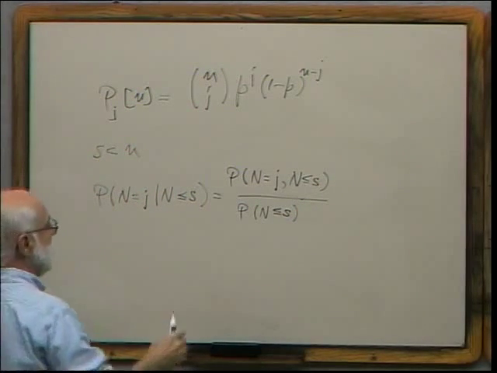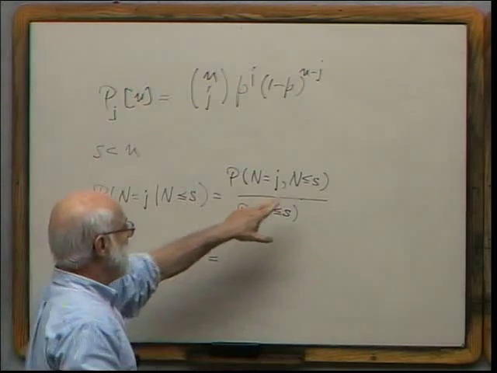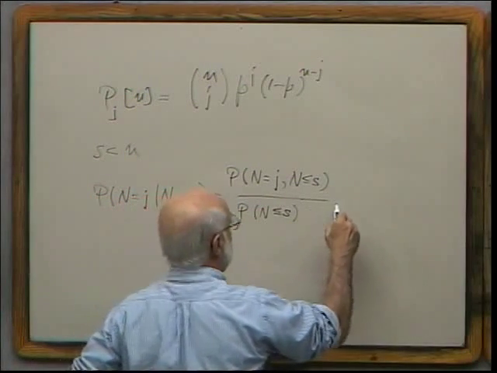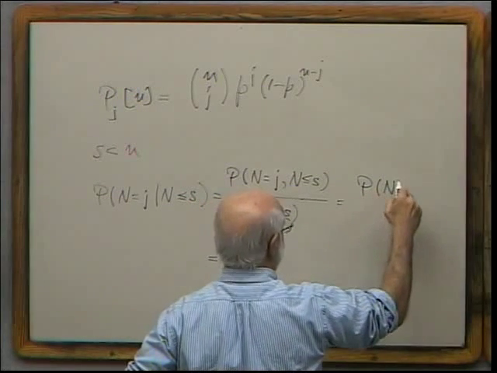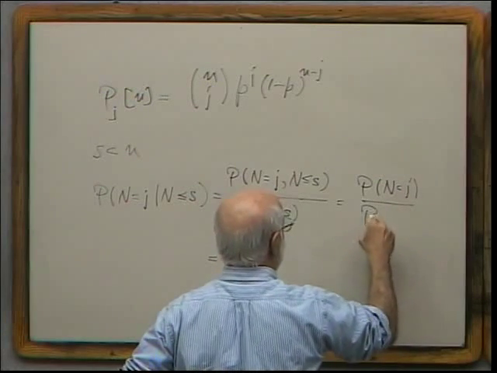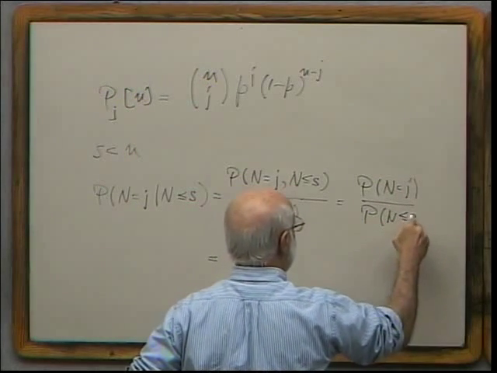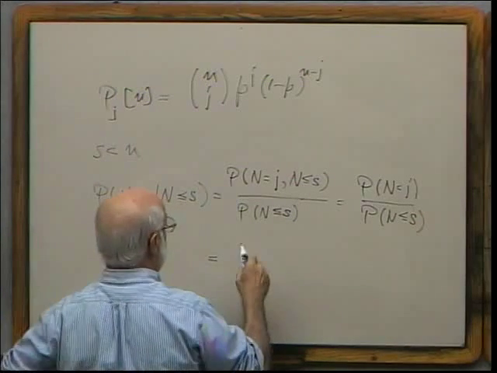Now, the only way that the number in service can be equal to j and be less than or equal to s is that the number in service must be j, where j is a number that is less than or equal to s. So the conditional probability reduces to that. The numerator then is exactly what we wrote here.